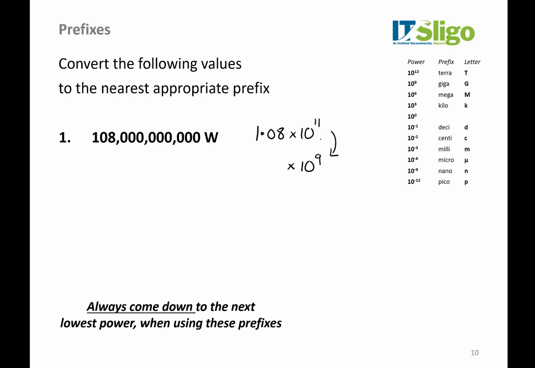As a result, this power has got smaller by a factor of 100, so this side here gets bigger. So now, guys, I've got 108 by 10 to the power of 9 watts. The prefix for 10 to the power of 9 is giga. So the most appropriate way to describe that value, number 1, is 108 gigawatts. Note there's a space, but then there's no space between the prefix and the unit it describes. So the answer there, guys, is 108 gigawatts.